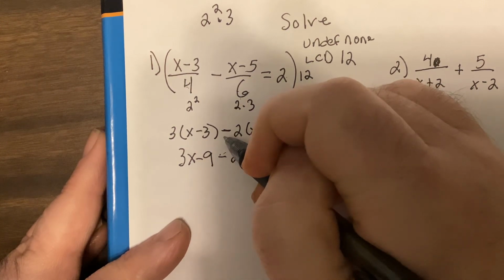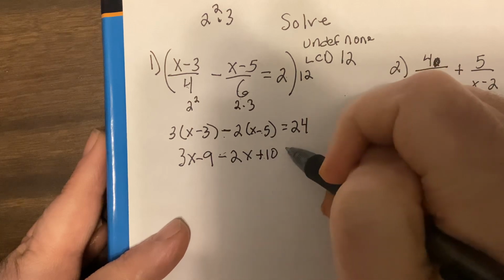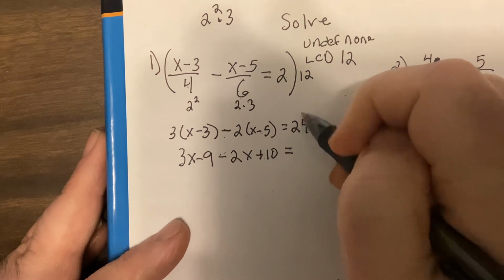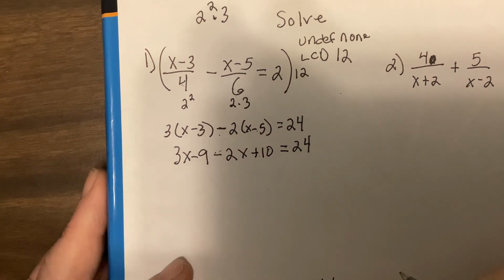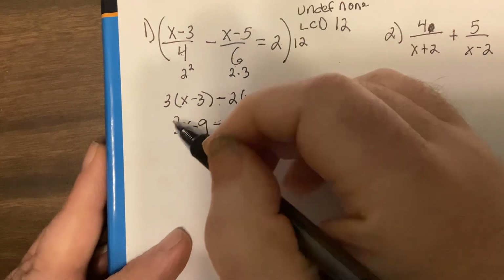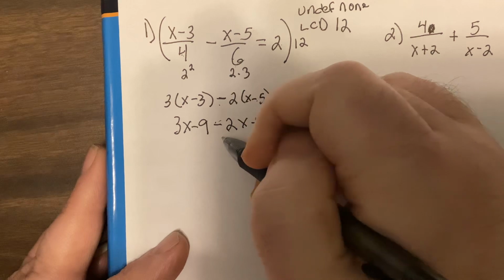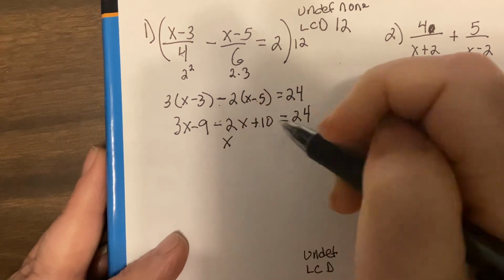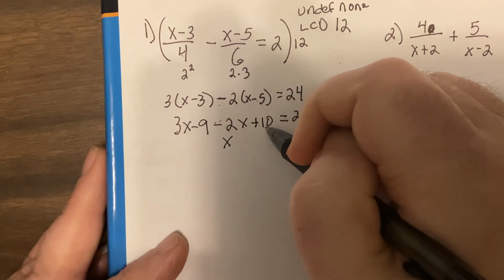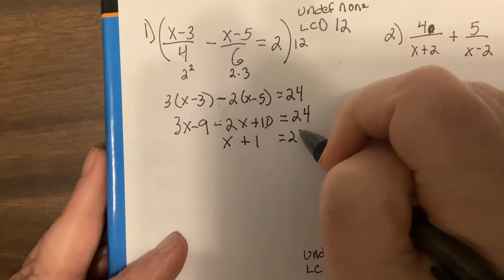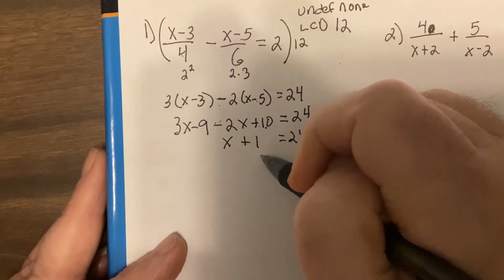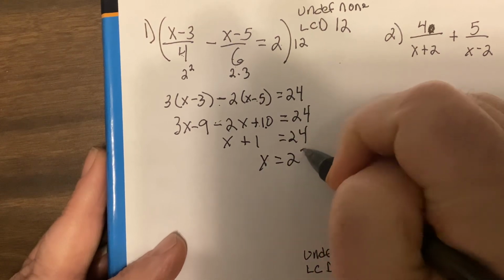A negative times a negative is a positive. Tricky. 12 times 2 is 24. So I'm going to combine 3x minus 2x is x, minus 9 plus 10 is plus 1. So subtract 1, x equals 23.